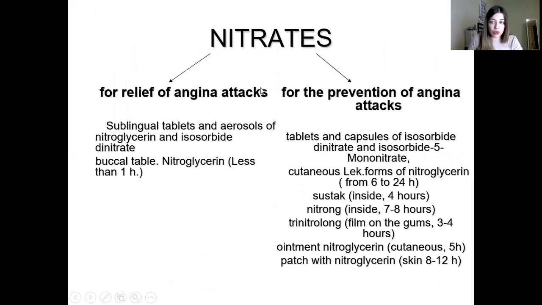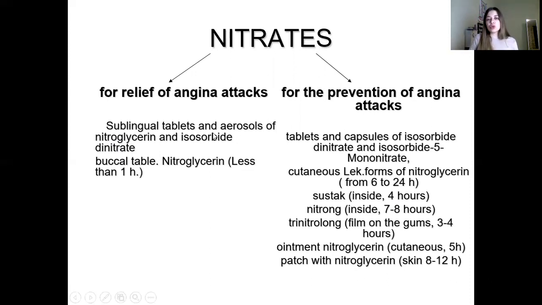Nitrates can be used in two ways. First is in acute situation to relieve the angina attack. Acute, when the patient has pain right now, we can use the nitroglycerin, sublingual tablets and aerosols of nitroglycerin and isosorbide dinitrate. And also the second use is for the chronic use, for the prevention of the angina attacks in future.